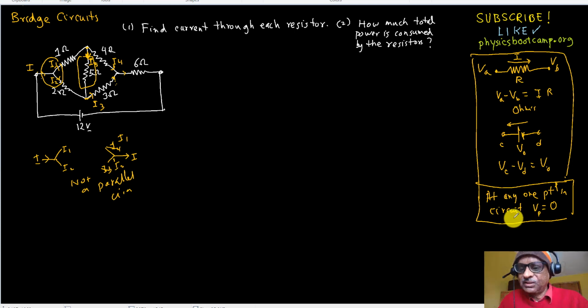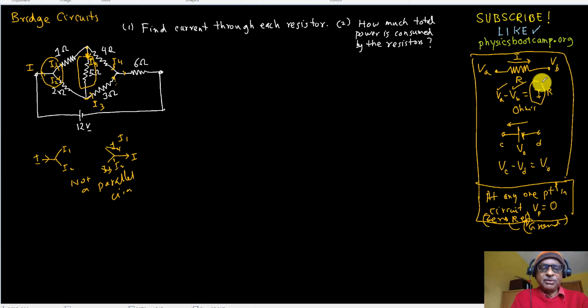That would be like a reference, the zero reference for the potential, also called ground. There can be only one ground, not more than one. If I can find all the V's, definitely I can find all the I's. So that's our approach here. We're going to find the voltage first, and then find the current from there.